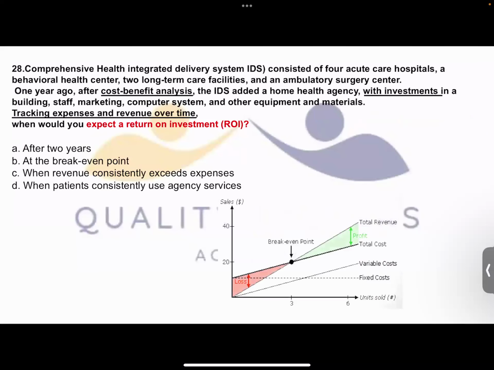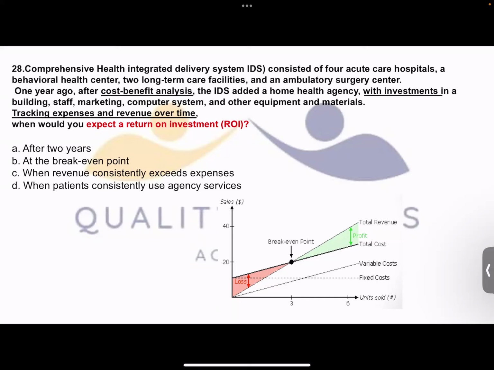Okay. 28. Comprehensive Health Integrated Delivery System, or IDS, consisted of 4 acute care hospitals, a behavioral health center, 2 long-term care facilities, and an ambulatory surgery center. 1 year ago, after cost-benefit analysis, the IDS added a home health agency with investments in a building, staff, marketing, computer system, and other equipment and materials.